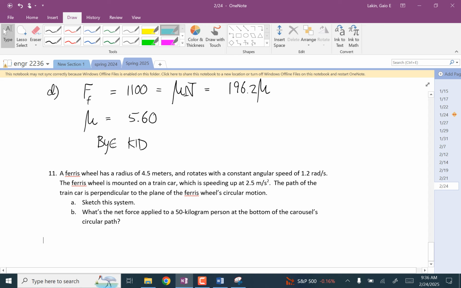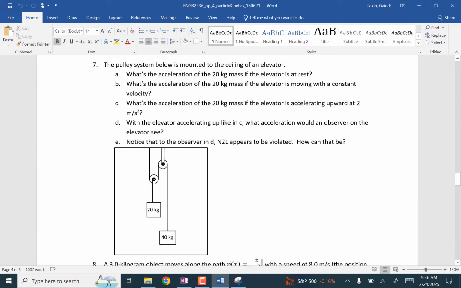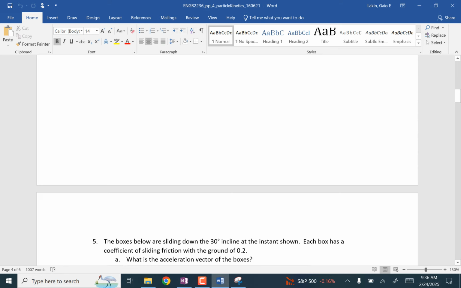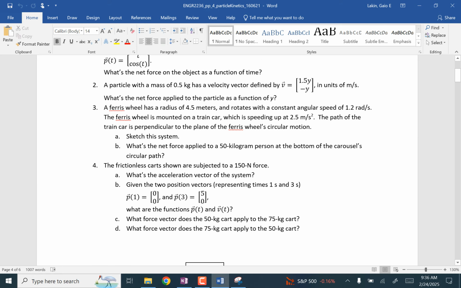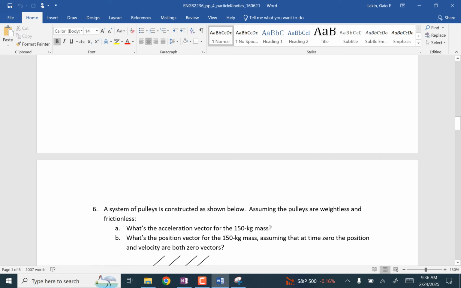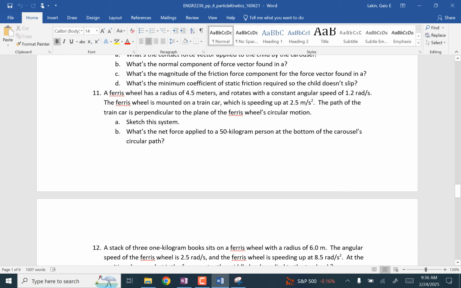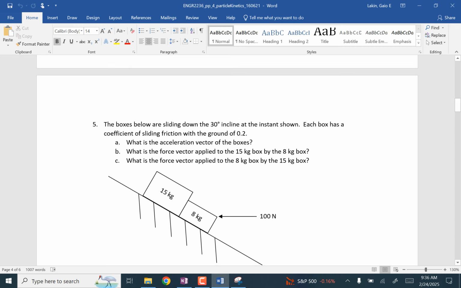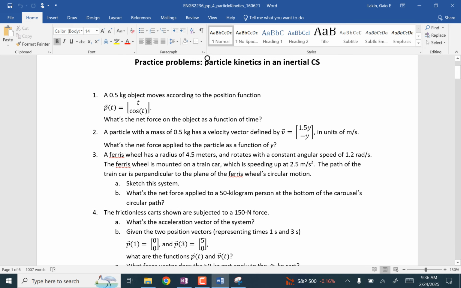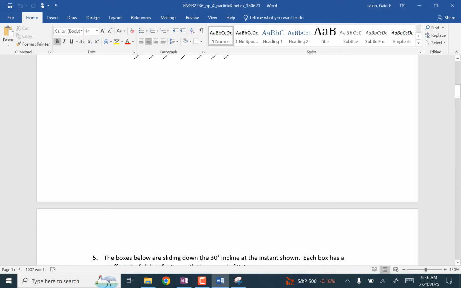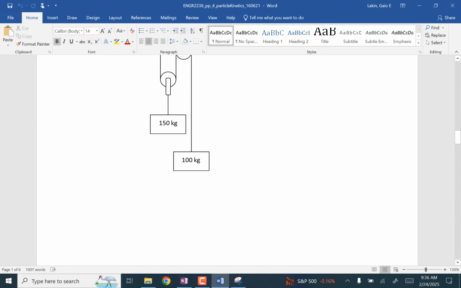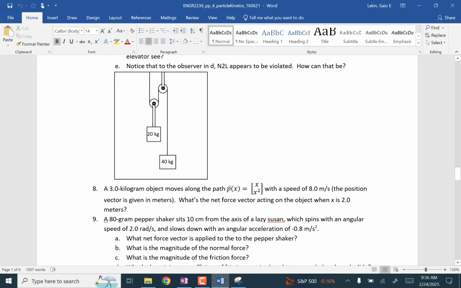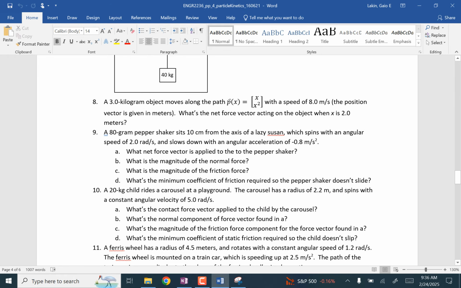I feel like that's probably what we did. Okay, sketch the system. Net force at the bottom. That is, we have already done that one. Anyone want to see it again? What's the net force at the bottom? It's number 3. Anyone want to see it, or should we skip it? Yeah, we'll skip. Okay, we'll do it.